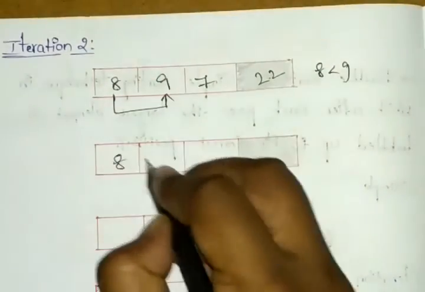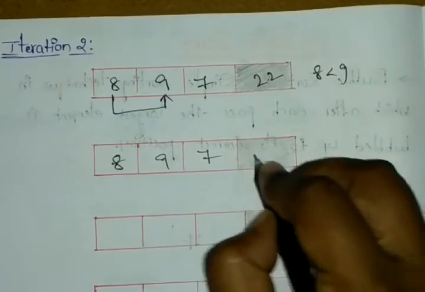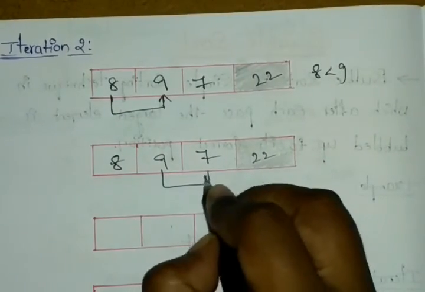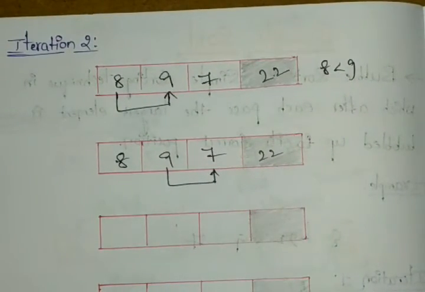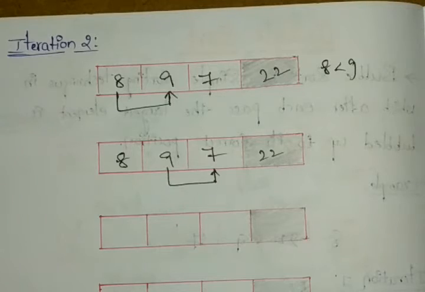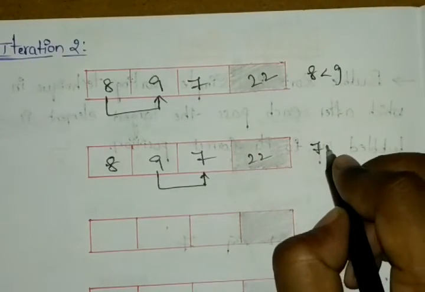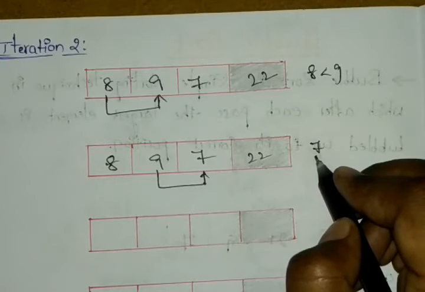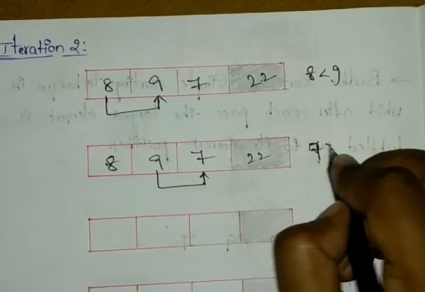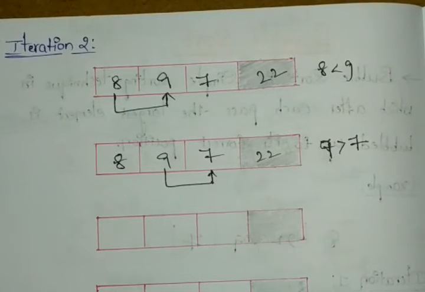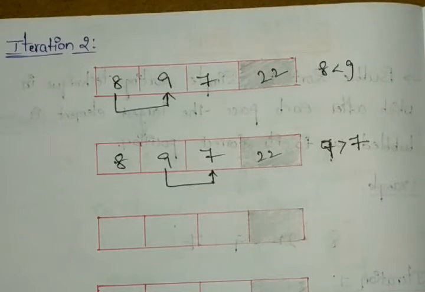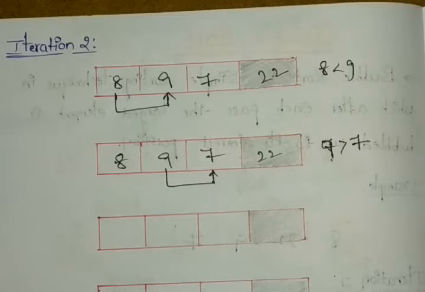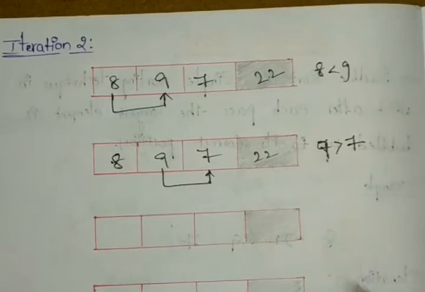Next, with 8, 9, 7 and 22, 9 is checked with 7. Comparing to 7, 9 is the greater value, so you swap these two numbers.